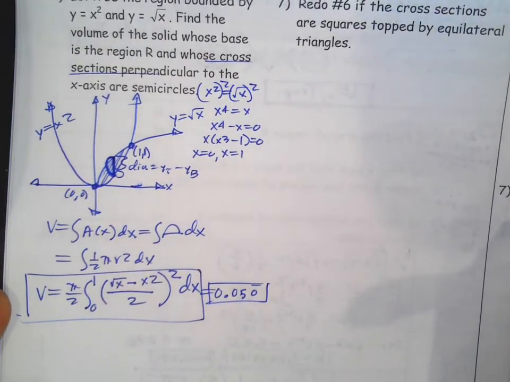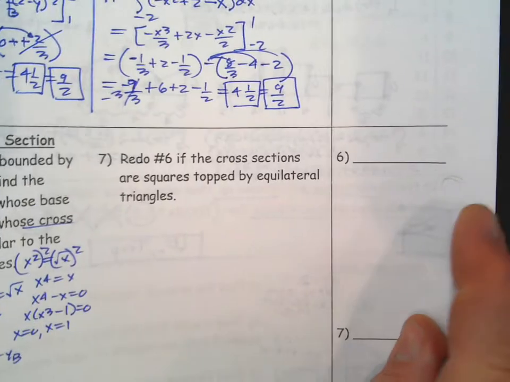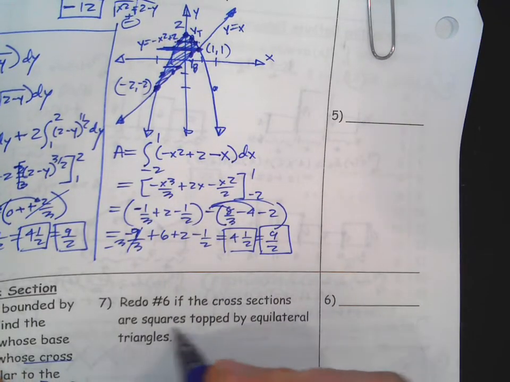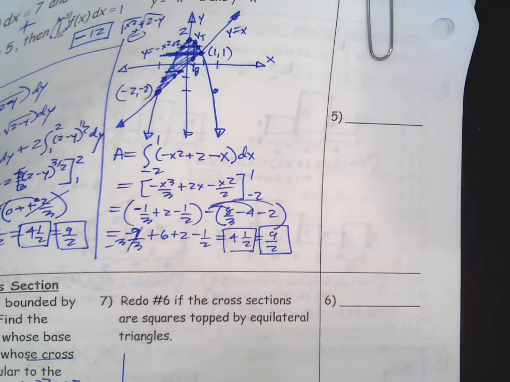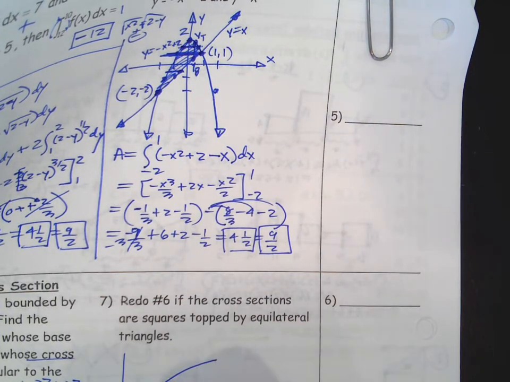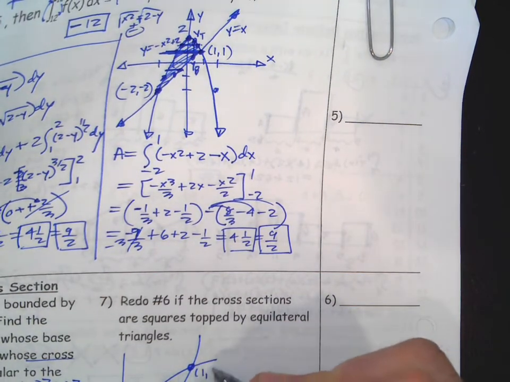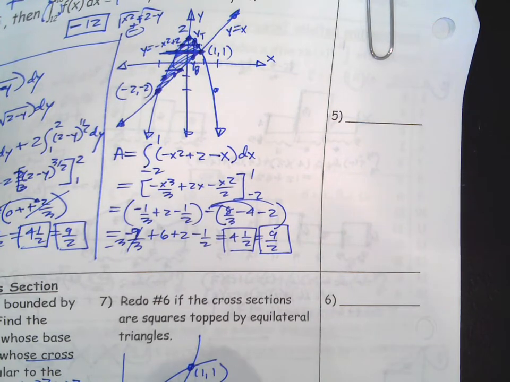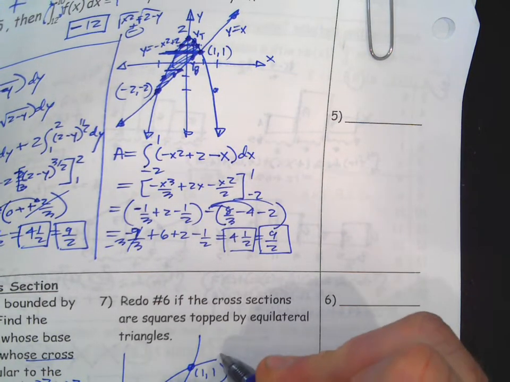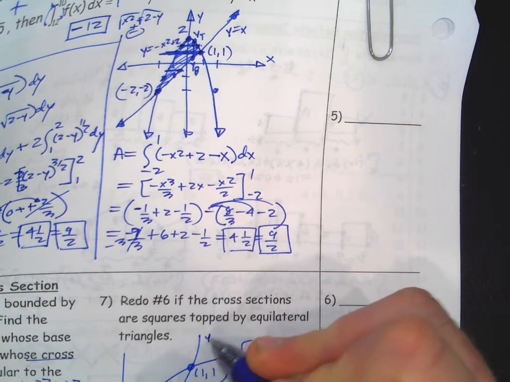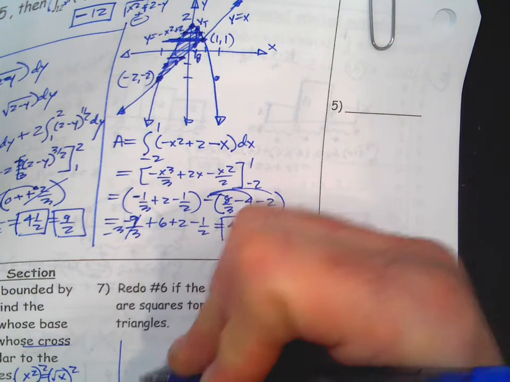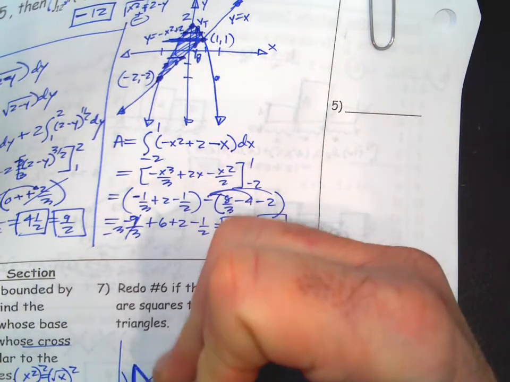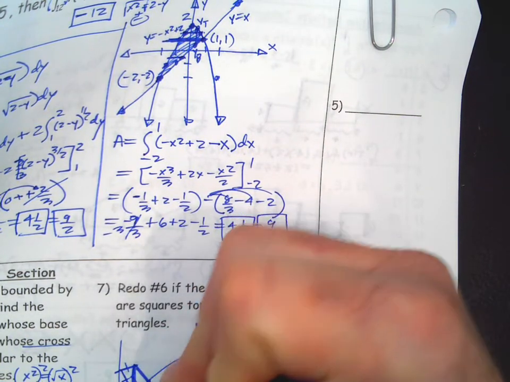Number 7, redo this, but the cross sections are squares topped with equilateral triangles. I'm going to redraw this real quick, focusing on the area of the graph that we're concerned with. And I believe they're still vertical, but they're going to be squares topped with equilateral triangles.